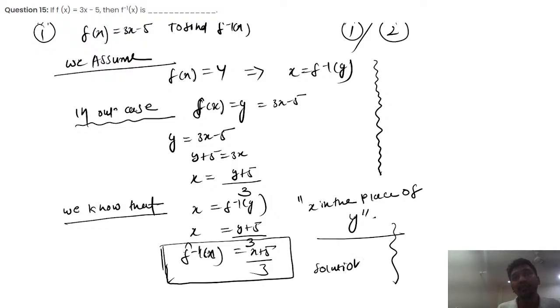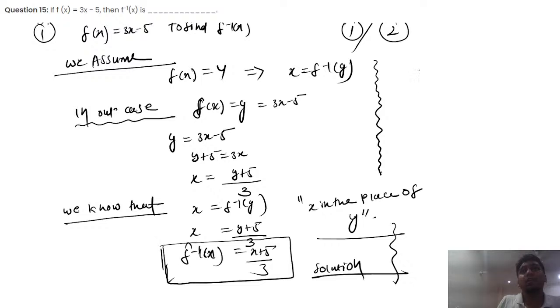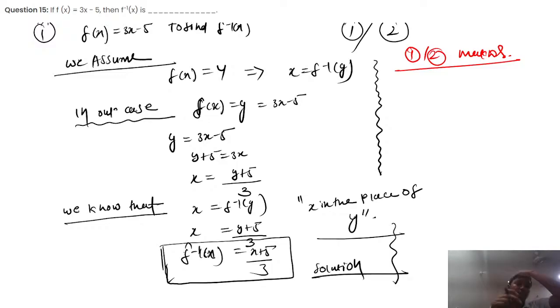Take 1 minute of pause and try to analyze what we have done in this question and how we proceeded. This can come for 1 to 2 marks. Try to analyze, then we proceed to the next question.